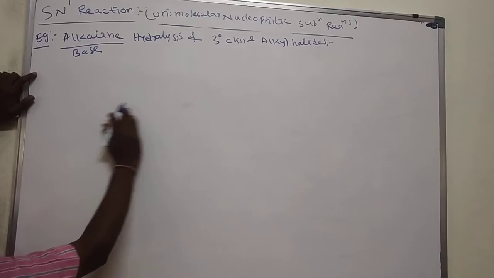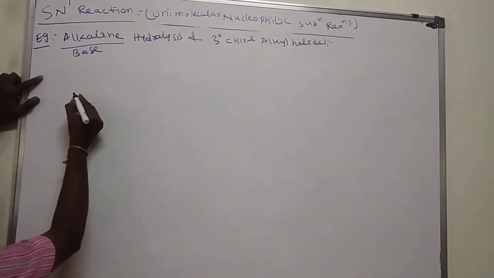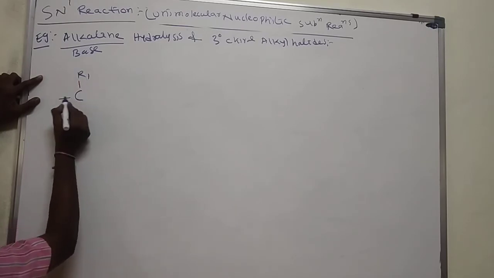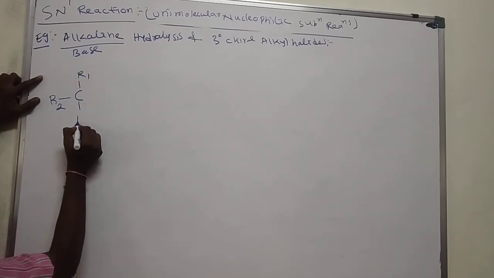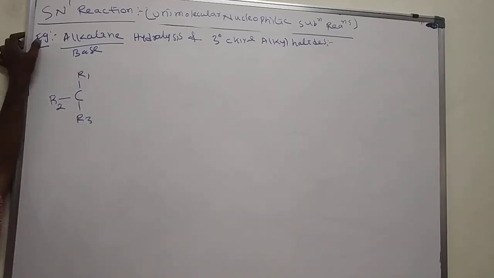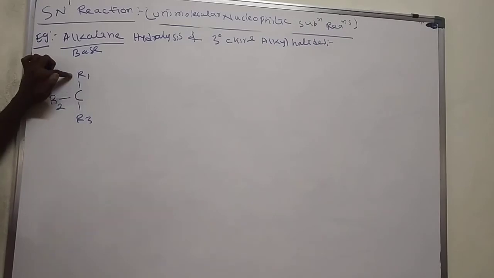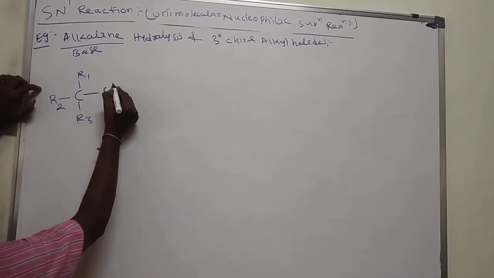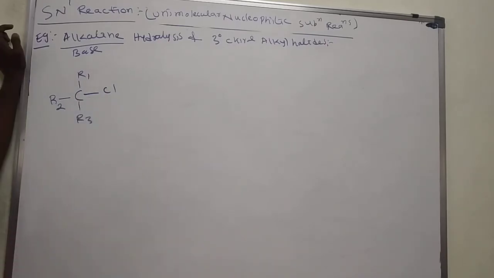Here I am taking a tertiary chiral alkyl halide. Tertiary means here R1, R2, R3: this carbon is attached to three different carbons. If it is attached to only one carbon atom, we call it primary; if attached to two carbon atoms, secondary; if attached to three carbon atoms, tertiary. Here chlorine is attached to the tertiary carbon.